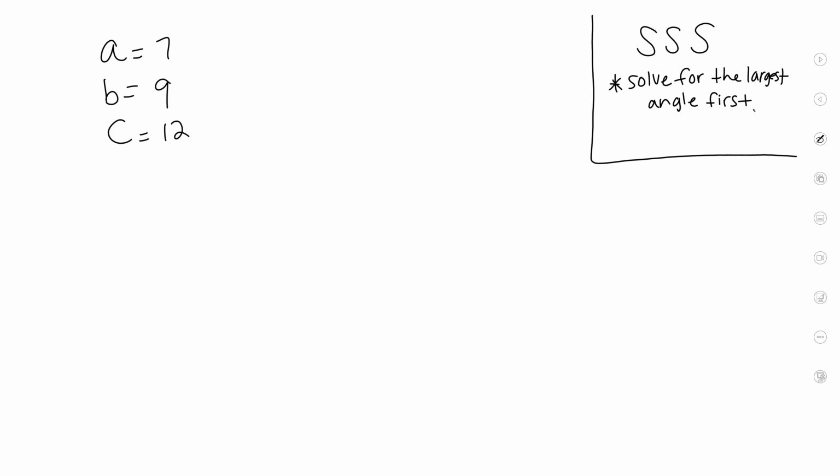So I'm going to write the law of cosines really quick. Okay, so I need to find the largest angle first. Which one has the largest angle, A, B, or C? C does, because this one is the biggest side. The biggest side is paired with the biggest angle.